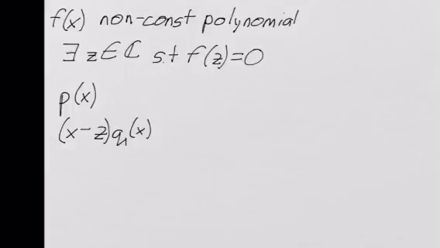Actually, I'm going to call this q sub n minus 1 of x. We're going to use that n minus 1 to indicate what the highest power in the polynomial is. Well, q sub n minus 1 of x is a polynomial. It's not constant. So we can do the same thing again.